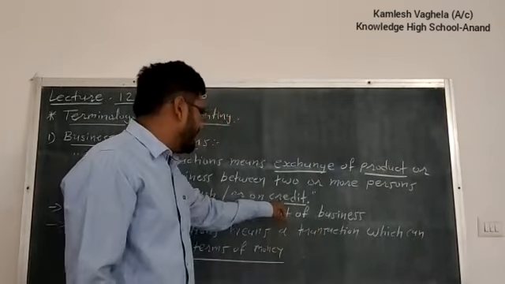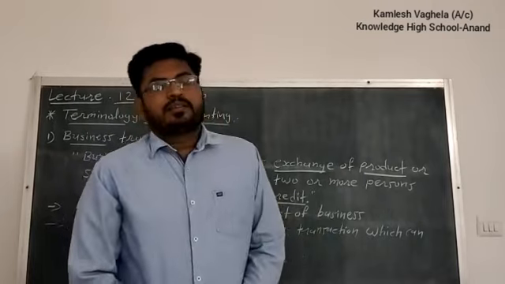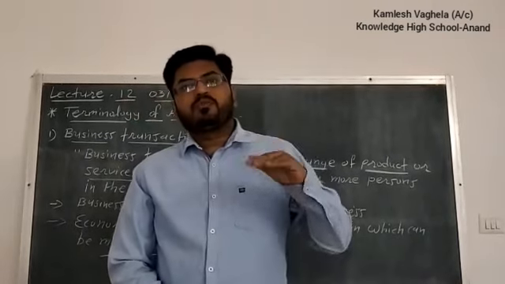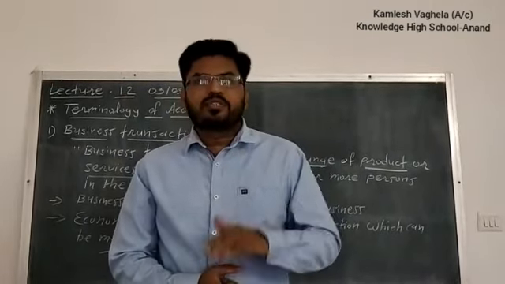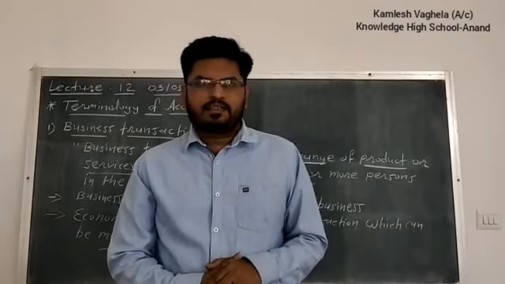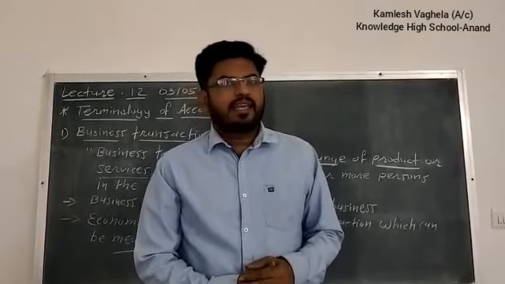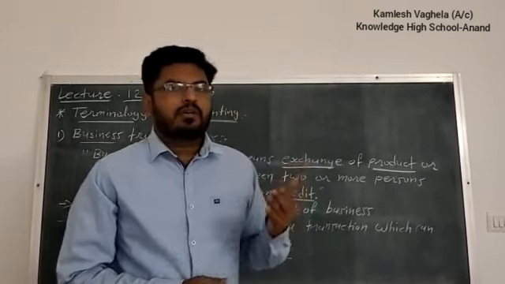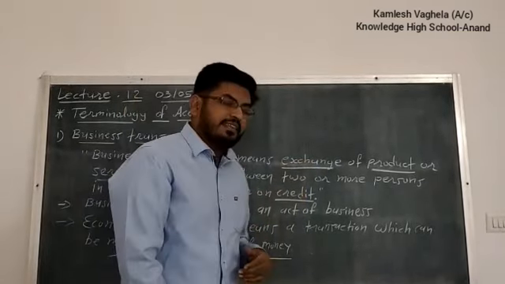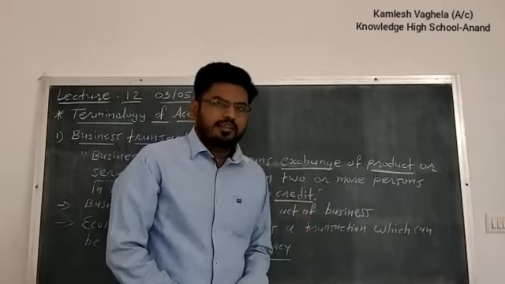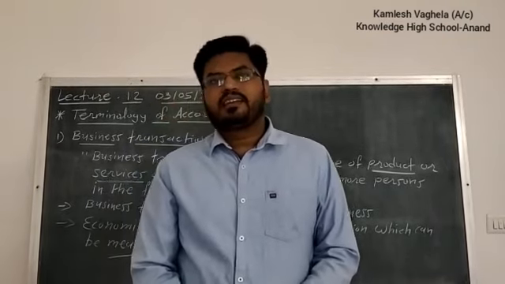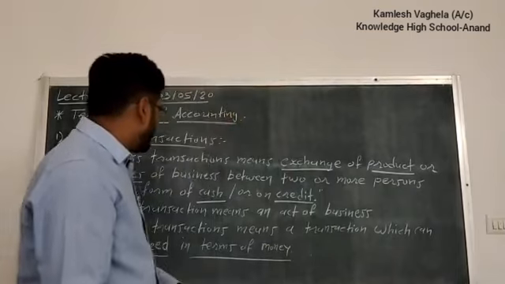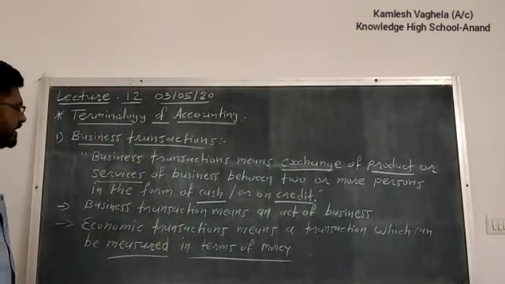And the second one is credit. Credit means receipt and payment of money will take place on a future date. ट्रांजेक्शन तो आज हो जाएगा लेकिन पैसा आज नहीं मिलेगा. कब मिलेगा? फ्यूचर में. यानी एक्सचेंज हो जाएगा गुड्स एंड सर्विस का, लेकिन उसका पेमेंट कब होगा? फ्यूचर में. तो ऐसे ट्रांजेक्शन को क्या बोलते हैं हम? क्रेडिट ट्रांजेक्शन. So cash transaction and credit transaction. Okay, so this is the meaning of business transaction.